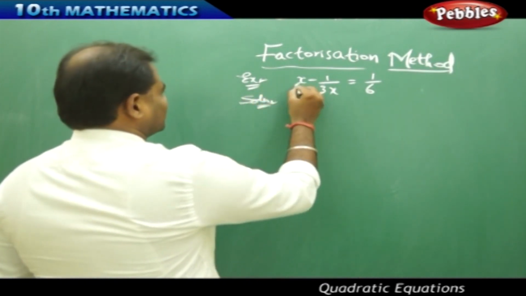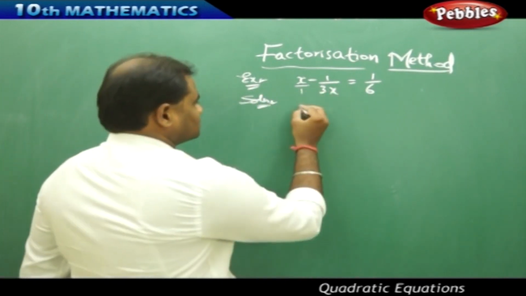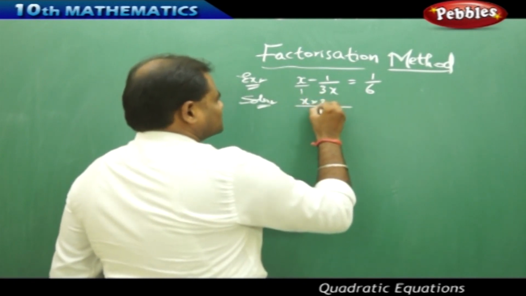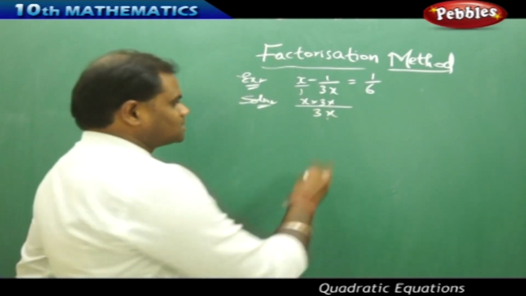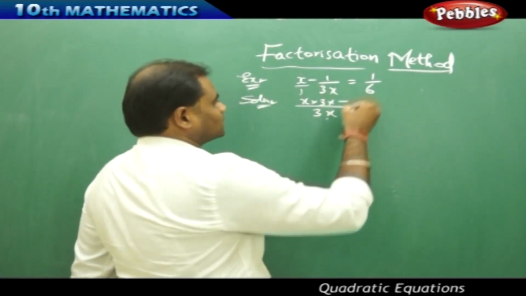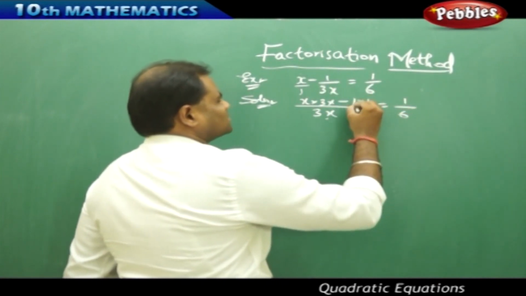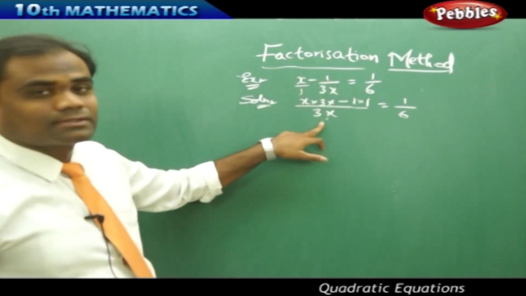To start with, I take the LCM of x and 1 over 3x, which comes out as 3x. So x gets multiplied by 3x, and 1 over 3x by 3x, and this equals 1 over 6.